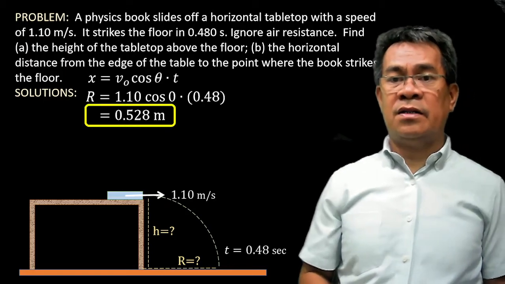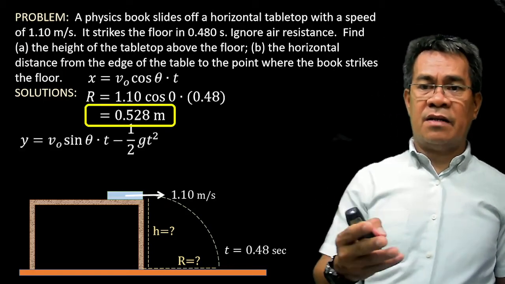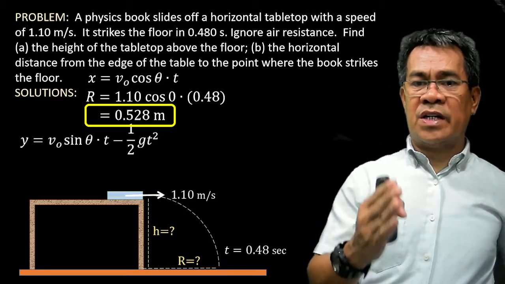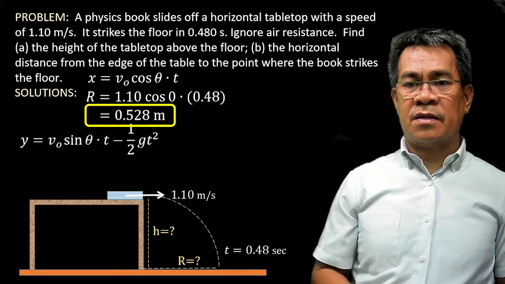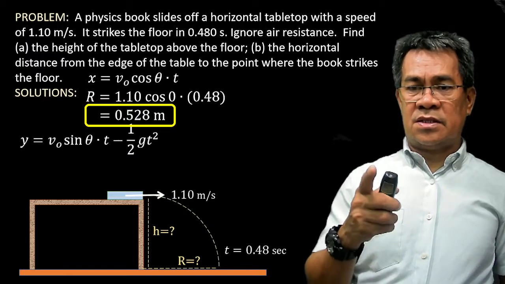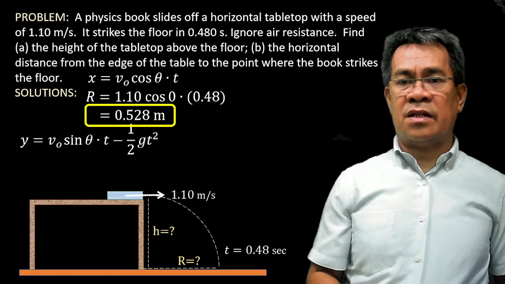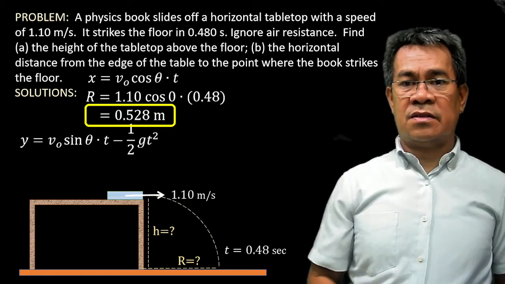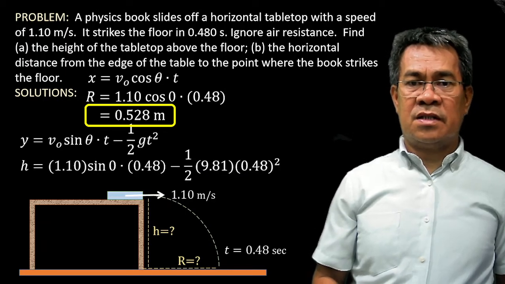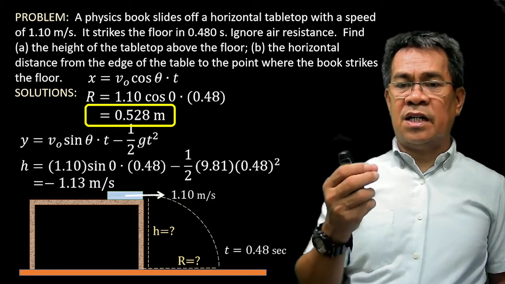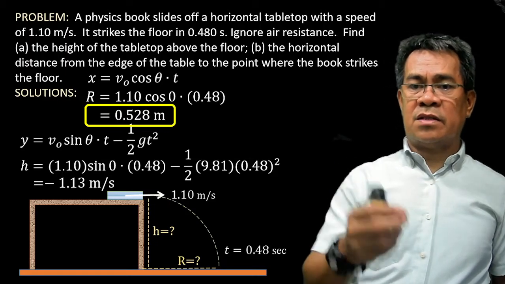Then for y, again, let's use the formula for y. It is V0 sine theta t minus 1/2 g t squared. Then y, remember, is h, and V0 is 1.10, and the angle is 0, and the time is still 0.48. Then substitute, and the answer is negative 1.13 meters.